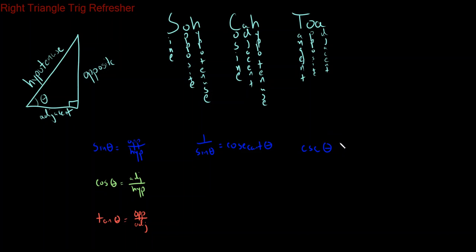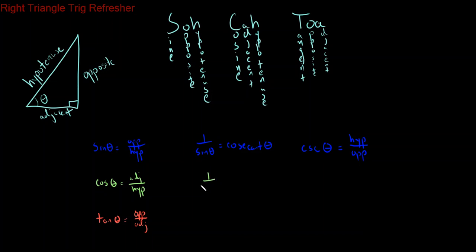Sounds confusing, but it's really not, because if sine is opposite over hypotenuse and cosecant is just a reciprocal of sine, that just means cosecant is the hypotenuse over the opposite leg. It's as simple as that. Don't freak out because it's really just a reciprocal.